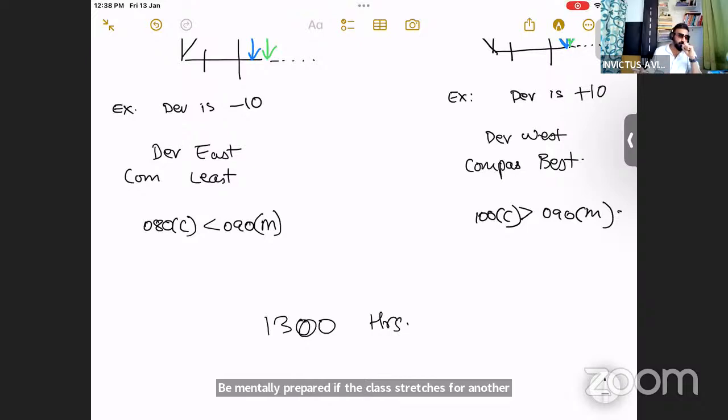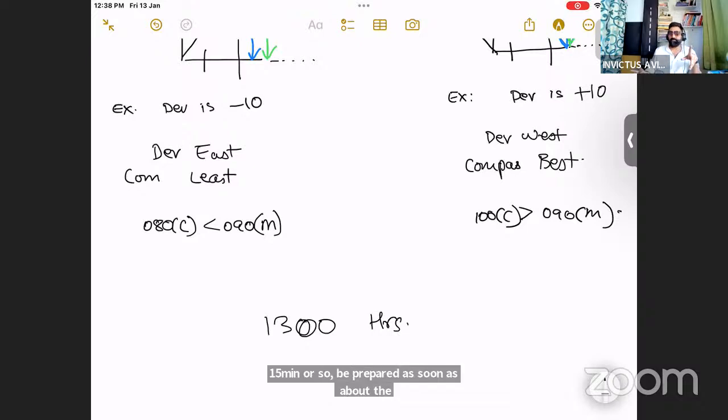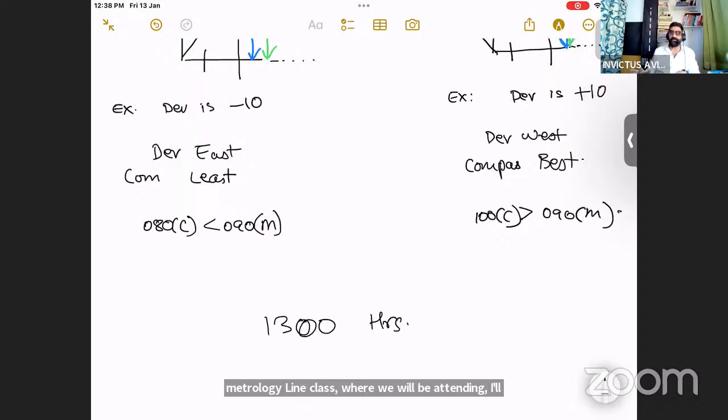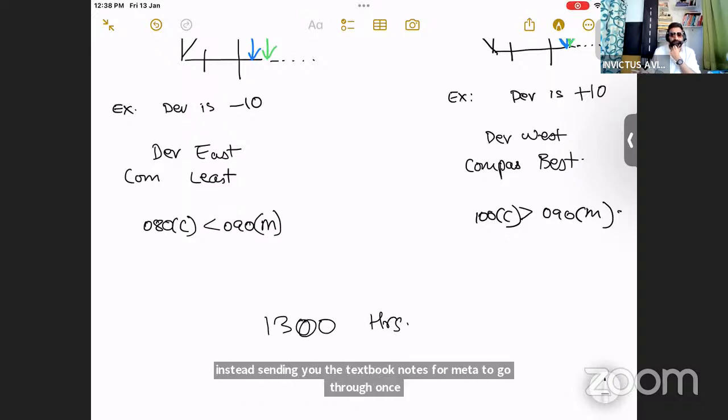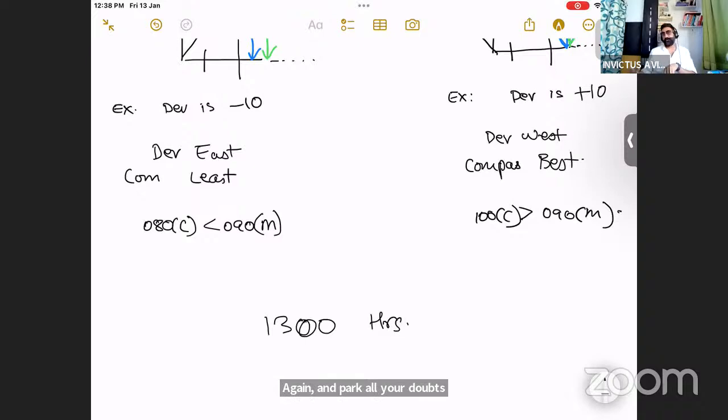Be prepared. And students, about the methodology live class, whoever will be attending, I will not be doing a live session for you, but I'll instead be sending you the textbook notes to go through once again and park all your doubts. So you can also revise a bit of navigation in that time if you want. Just giving you a heads up so you can keep your afternoons open.